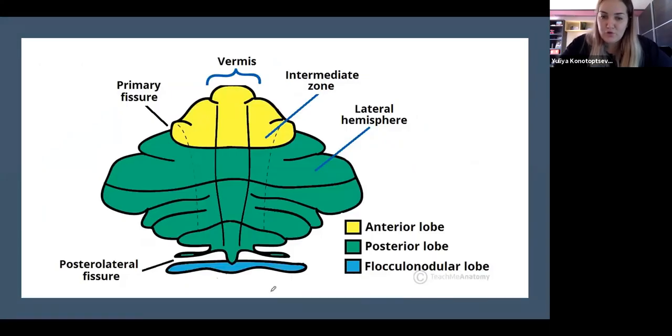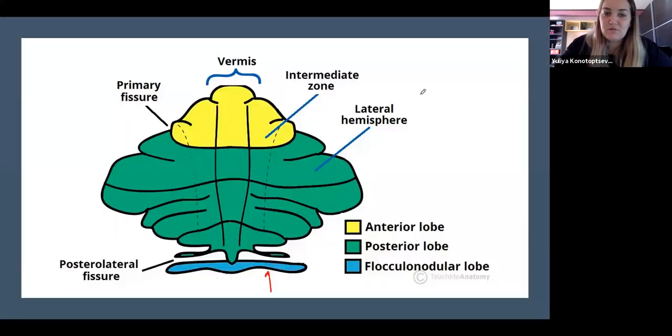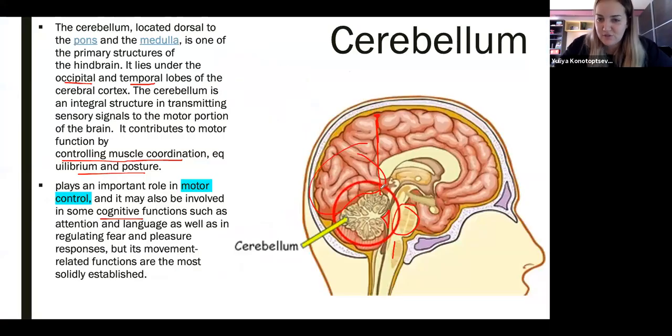So floccular nodular, as you can see here. Most importantly, if you slice the cerebellum, it kind of looks like a cauliflower. If I go back, it does have this particular cauliflower appearance. The outer matter is the gray matter and the inner matter is the white matter, right?